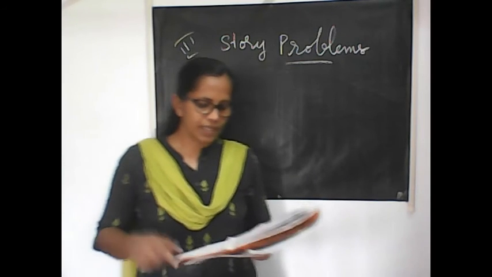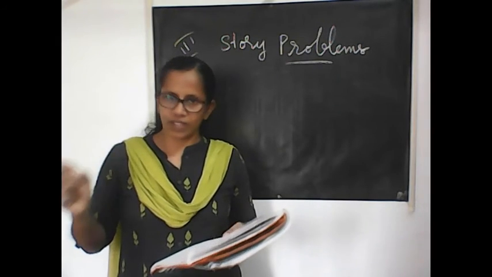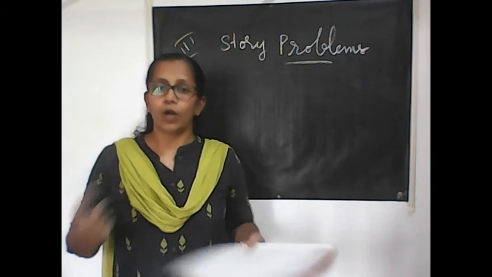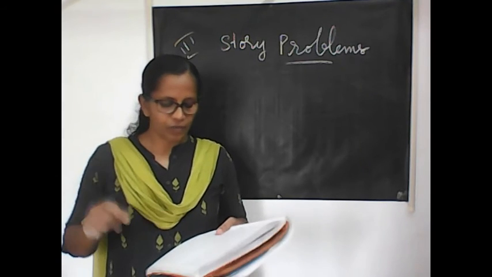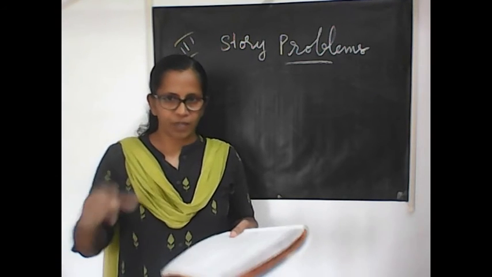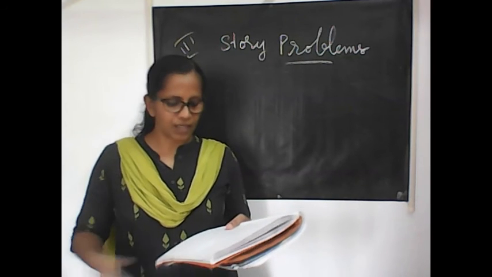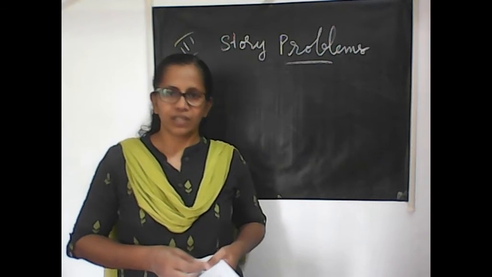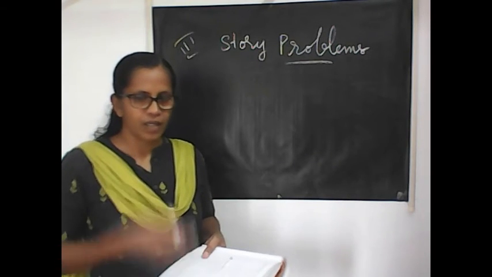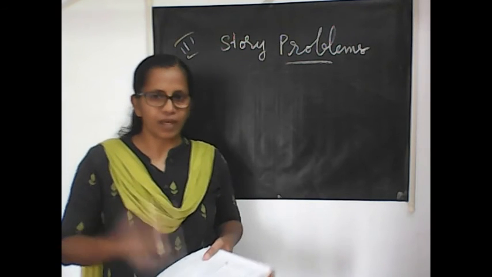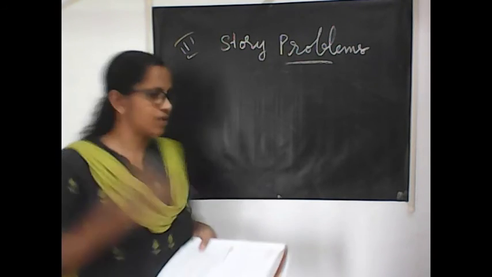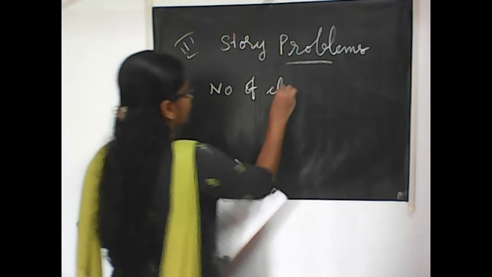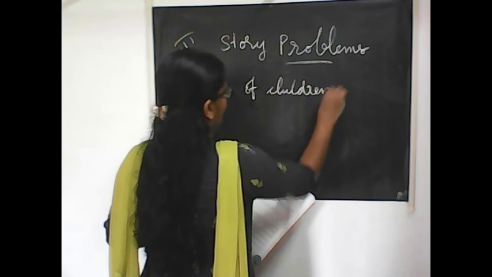A school building had 4 floors. The number of floors is given. And there were 6,900 children, the total number of students is also given. You have to find the third part. A statement you have to split into 3 parts. The third part is how many children were there on each floor. So how will you write the statements? Whatever is given, this is not rupees, this is a number. So write the first statement: number of children.